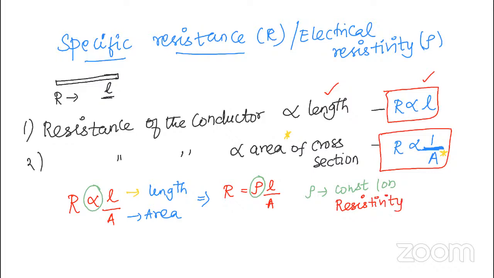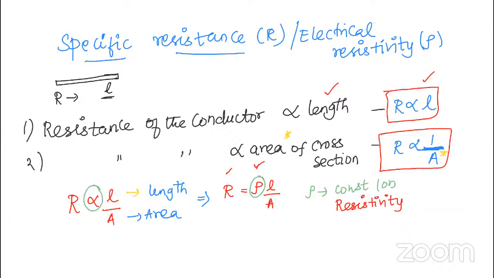Sometimes they give the rho value and ask for the R value, or they give the R value and ask you to find rho. So we just rearrange the expression.